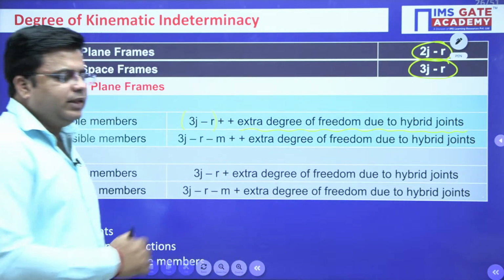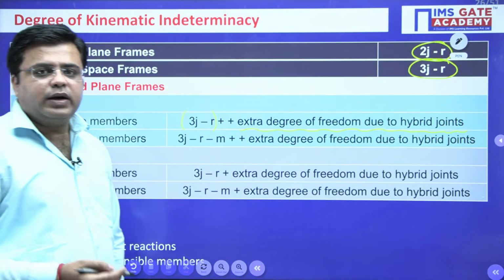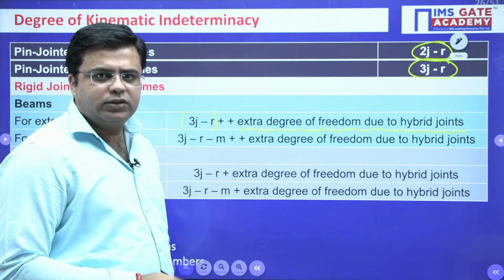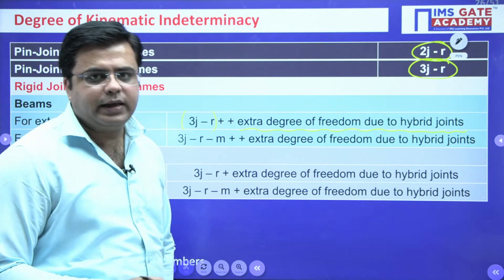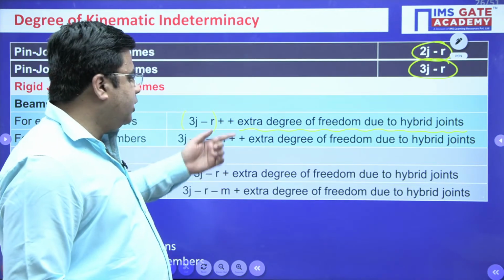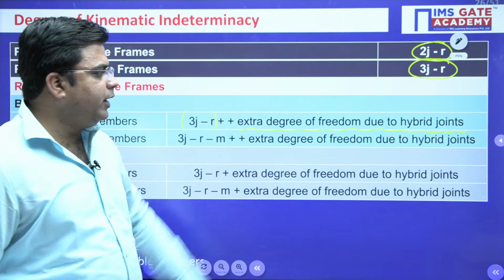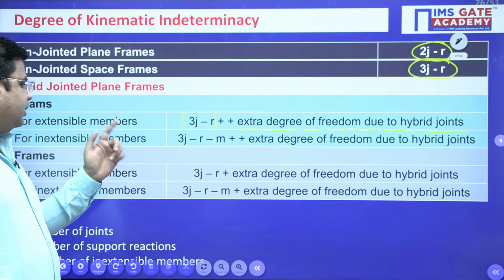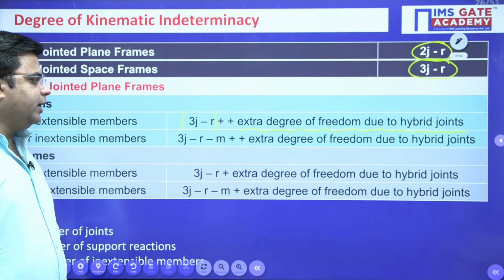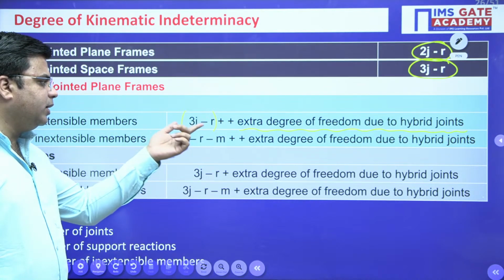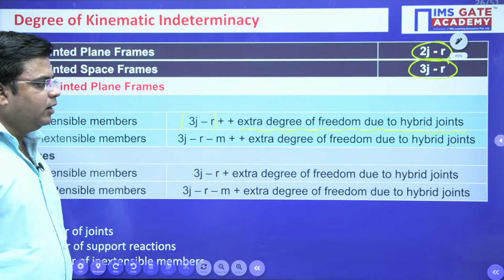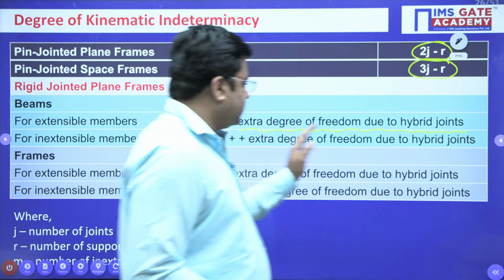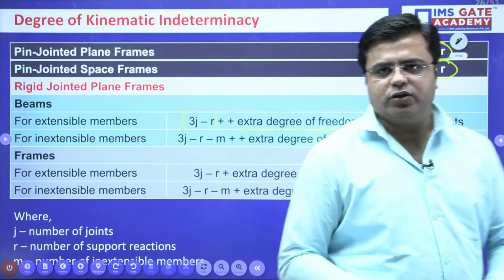So we have seen the axial shear hinge, vertical shear hinge, internal hinge, all these are classified as the hybrid joints, right? So you need to add the extra degree of freedom due to these hybrid joints. So for a beam, if the members are inextendable, then the degree of kinematic indeterminacy is 3j minus r plus extra degree of freedom due to hybrid joints.